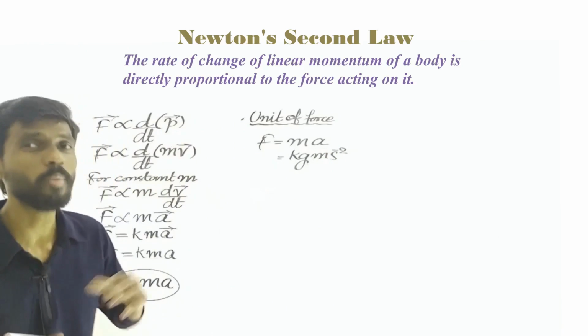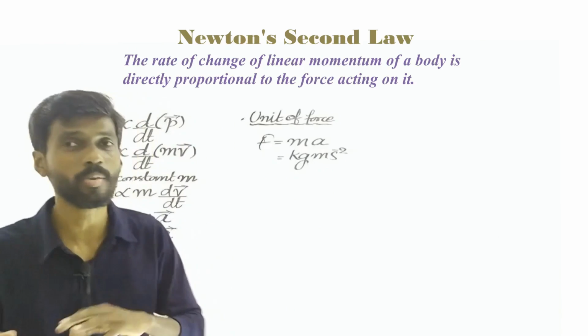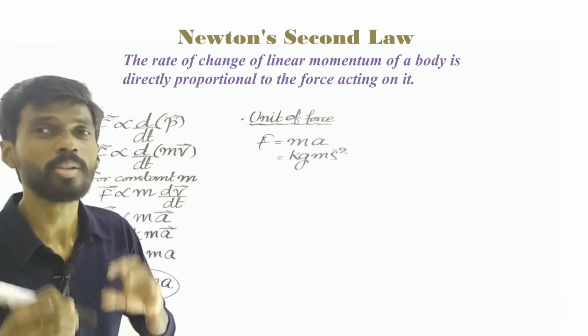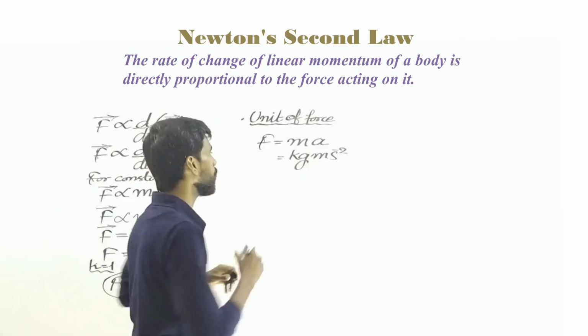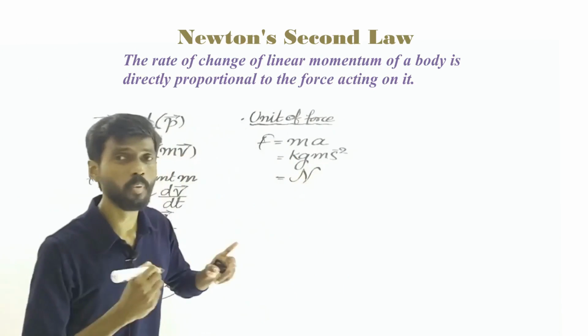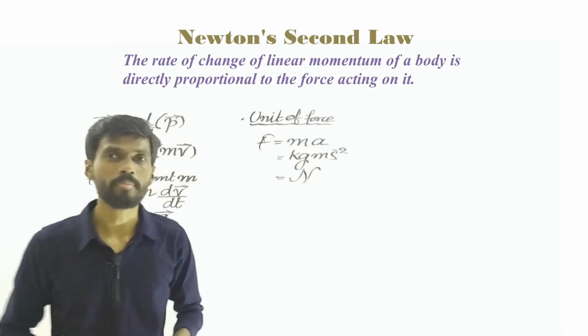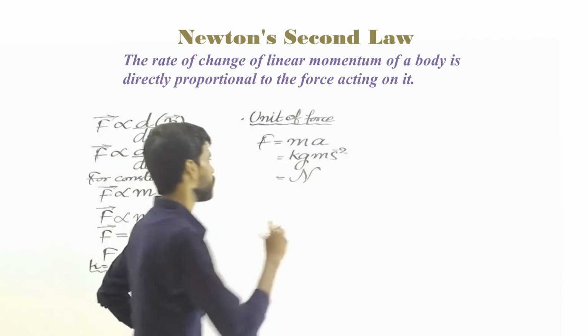But it is such a mouthful. Every time you want to mention a force, you have to say 1 kilogram meter per second square, 5 kilogram meter per second square. To avoid that, we will abbreviate this. Instead of kilogram meter per second square, we will simply use the symbol capital N. But what is this capital N? This stands for Newton.